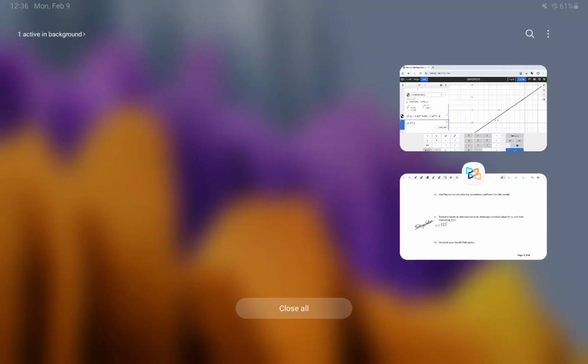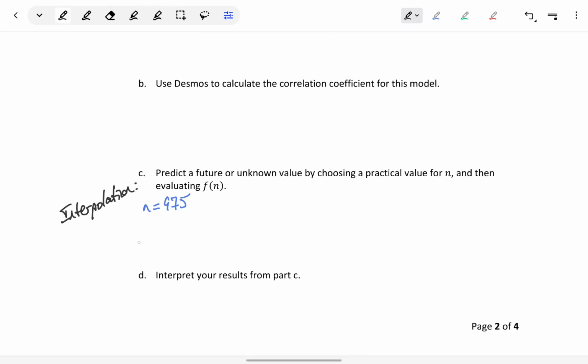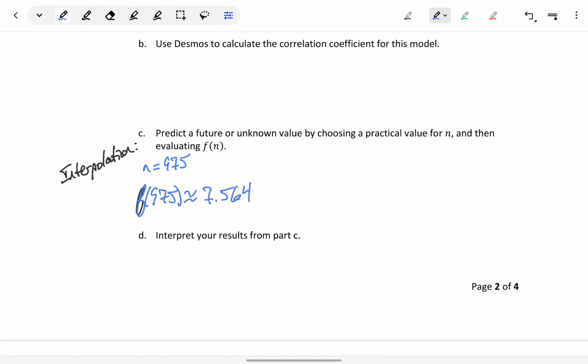And if we round this, we get about 7.564. So that tells us we would expect someone who rushed 975 yards to score approximately 8 touchdowns.